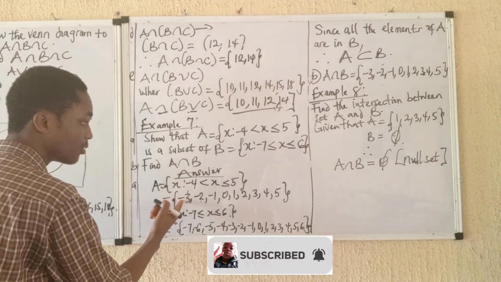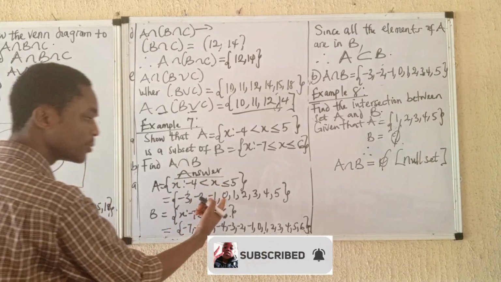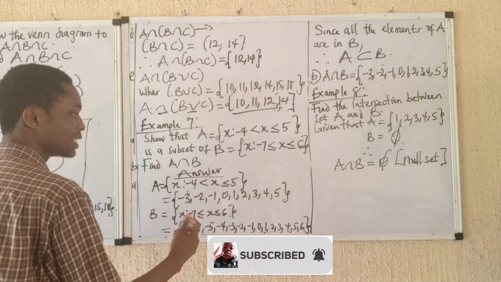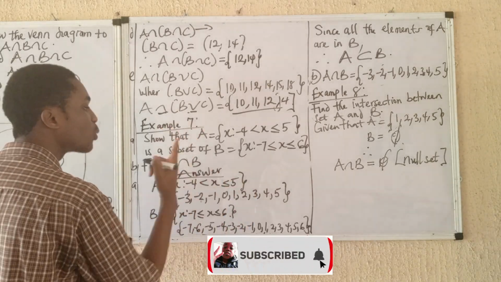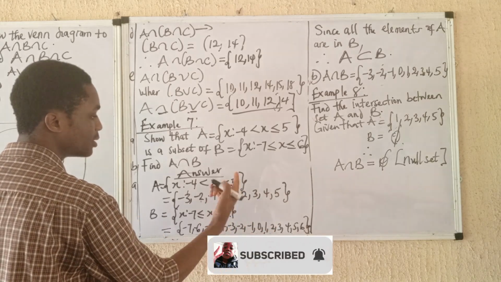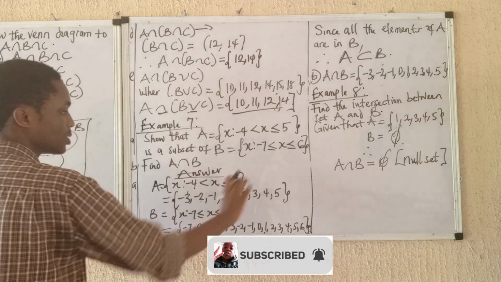So we start counting from -3, -2, -1, 0. Where should we stop? Remember, the other side tells us that X is less than or equal to 5. So since X can equal 5, we stop at 5: 1, 2, 3, 4, 5.